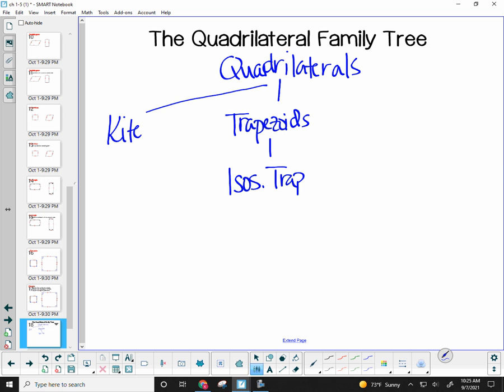Then finally we said sometimes we have some quadrilaterals with two sets of parallel sides, and those are called parallelograms. So if we have two sets of parallel lines, those are called parallelograms. And we had some special parallelograms as well. We said if it had four congruent sides, it was called a rhombus. We said if we had a parallelogram with four congruent angles, it was called a rectangle.